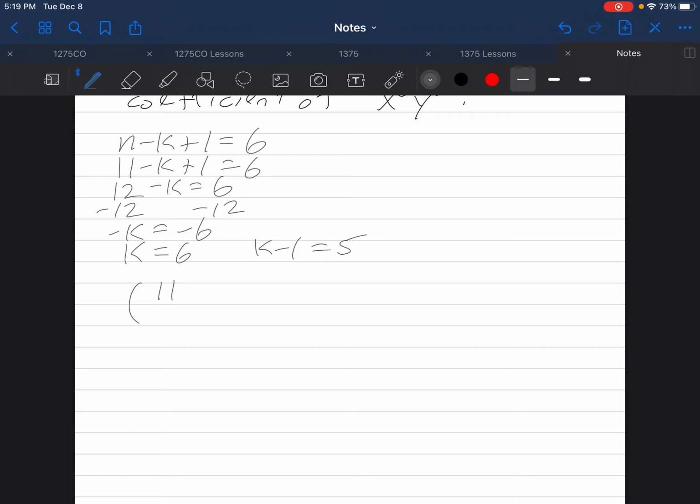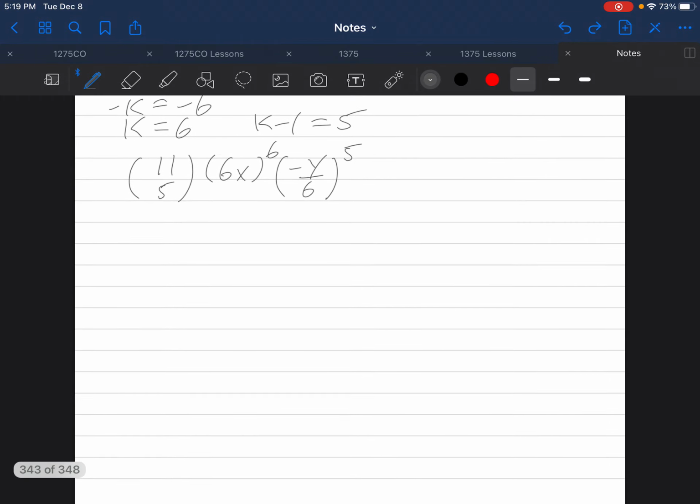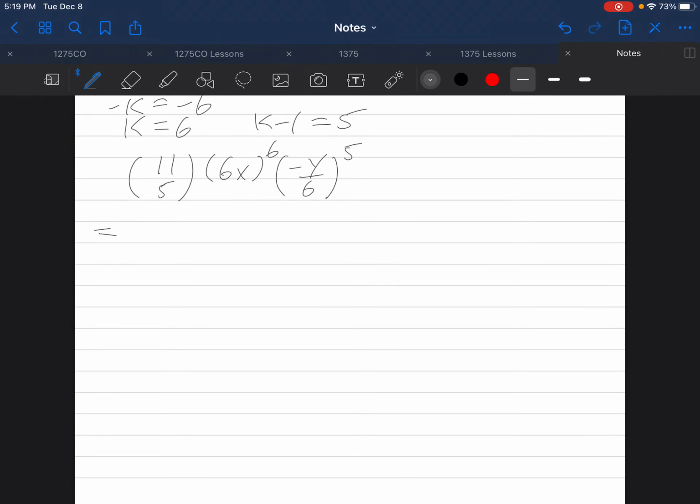So let's put this into our formula, which is n choose k minus 1. So 11 choose 5. The first term in this is equal to 6x. So we're going to get 6x raised to the power of 6 from here as the exponent. We're going to get negative y over 6 raised to the power of 5, which is equal to that exponent k minus 1. That's how we're getting the exponent of 5.